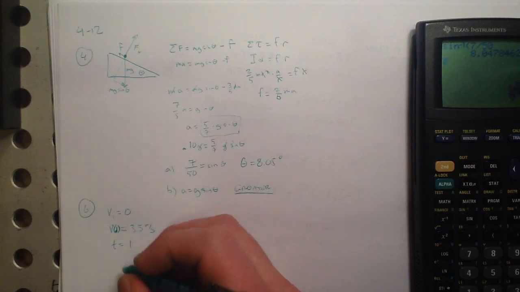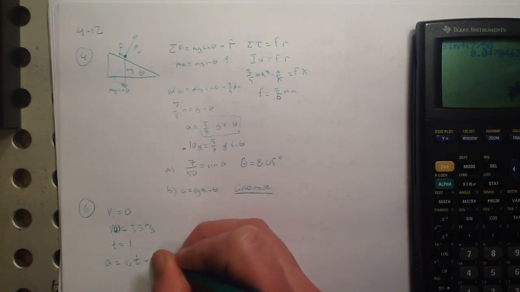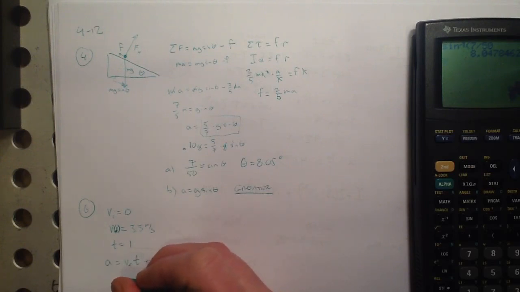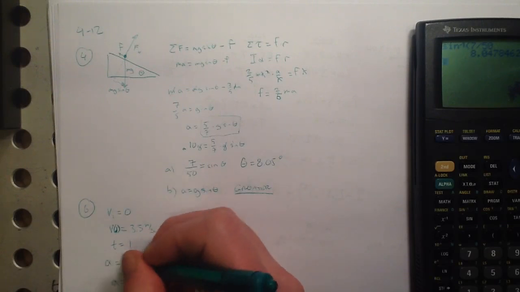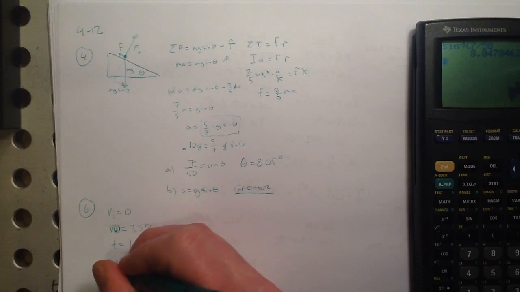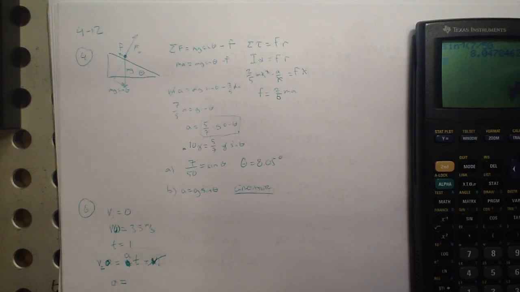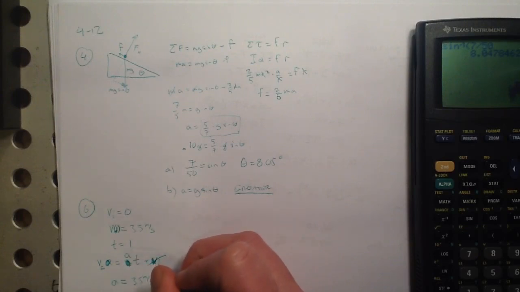So the acceleration is equal to final velocity minus initial velocity over time, but the initial velocity is 0. I got those the wrong way around. Sorry, I'm a little bit tired. In this case we would have got away with it because the t is just 1, but that's the correct formula, of course. So the acceleration is 3.5 divided by 1, which is just 3.5 meters per second squared.